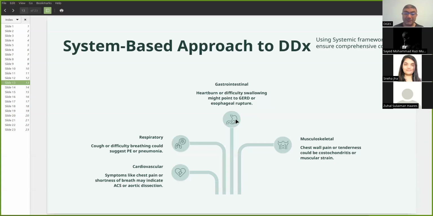All of them can cause chest pain. But we have to have a broad mind and think about the most common ones based on the presentation.